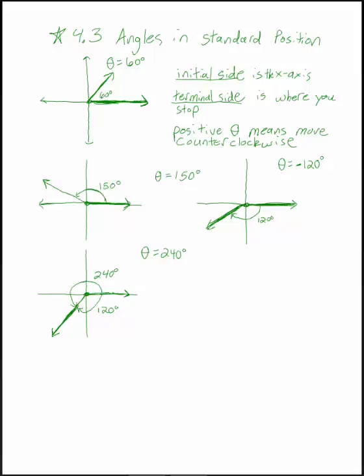We would say that 240 degrees and negative 120 degrees are coterminal.